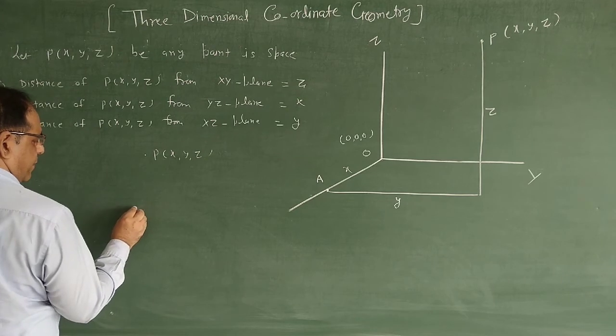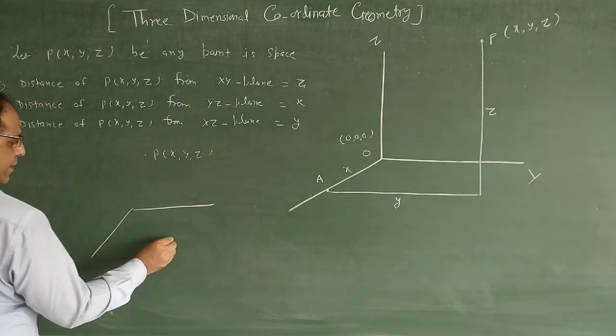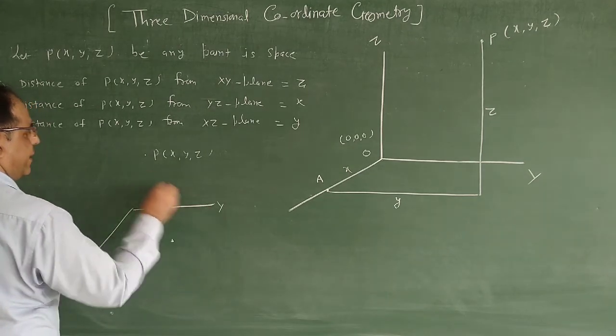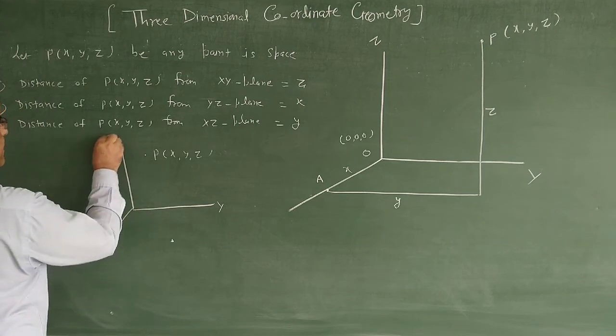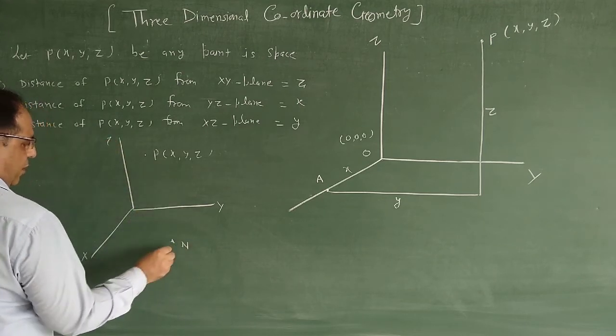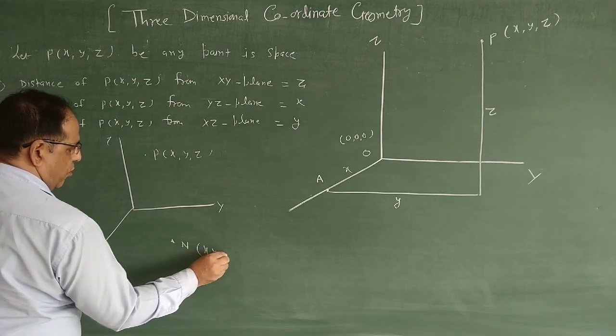Suppose that P is any point in space, and this is the point in the xy plane. This is x, y, and z. So we take the point N, and in the xy plane the coordinates of N become x, y, 0.